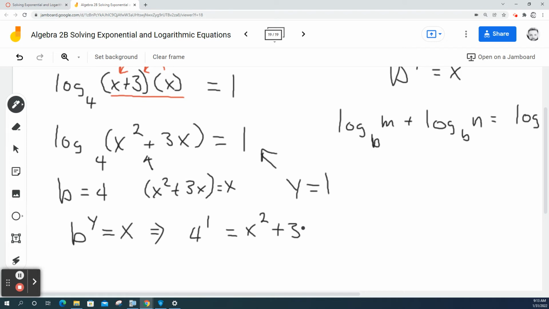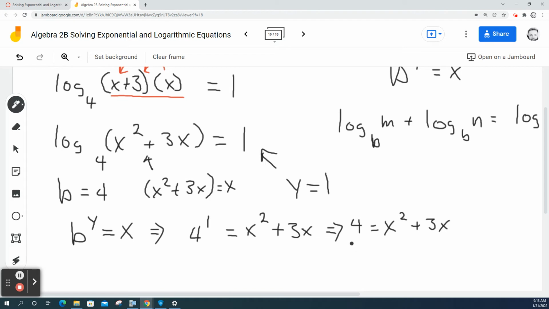Oh, I did it again. Okay. So 4 to the first power is just 4 equals x squared plus 3x. So now this is a quadratic, so I can solve by factoring and setting it equal to 0.